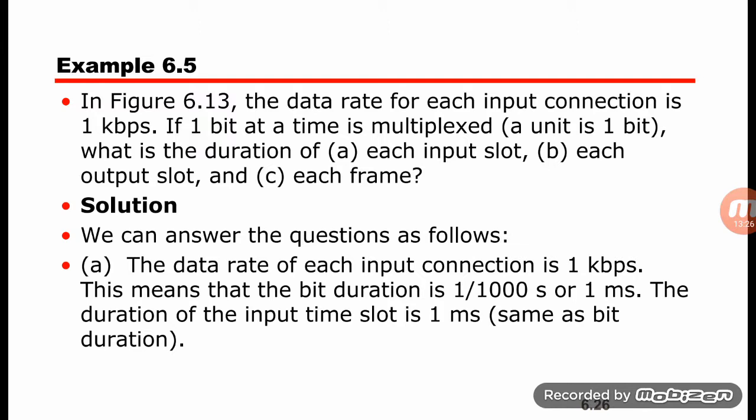Just like f is equal to 1 over t, t is equal to 1 over f, the same type of formula. So you know the bit rate, so you can find the input bit duration. It is going to be 1 over 1 into 10 to the power 3, which is 10 to the power minus 3 seconds, or 1 millisecond.